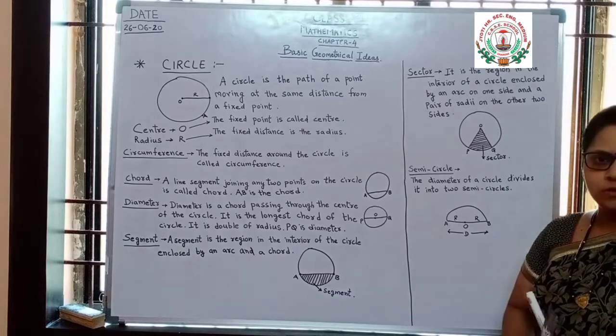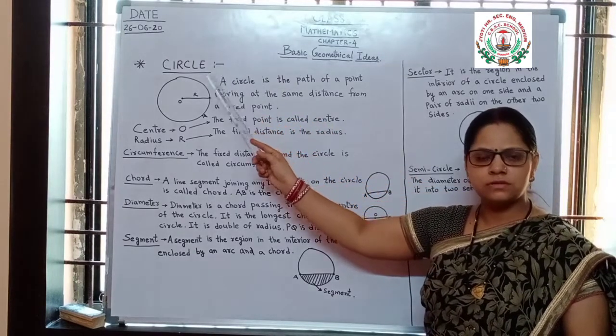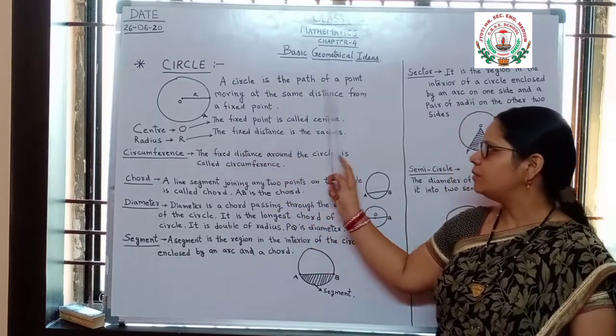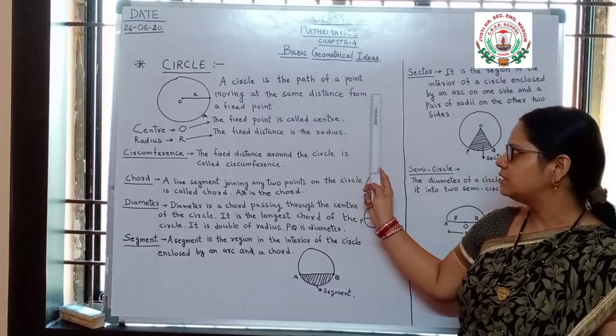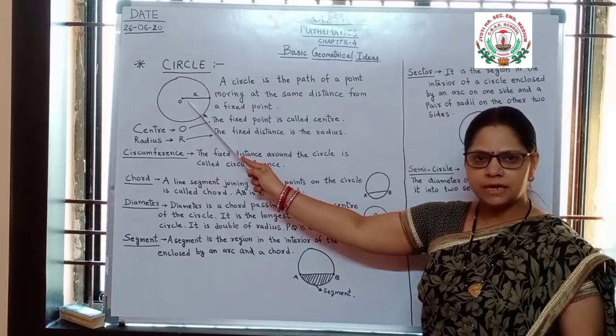Again repeating all these topics. Circle, everyone knows. A circle is the path of a point moving at the same distance from a fixed point. The fixed point is known as the center.